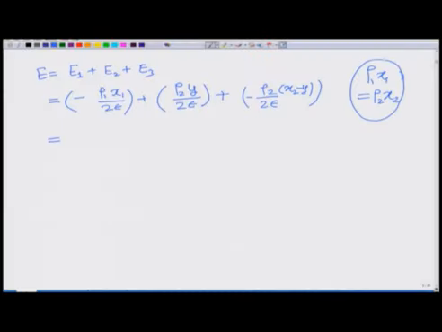So, I write this as rho 2 x2, and therefore, rho 2 over 2 epsilon, this much I can take common.